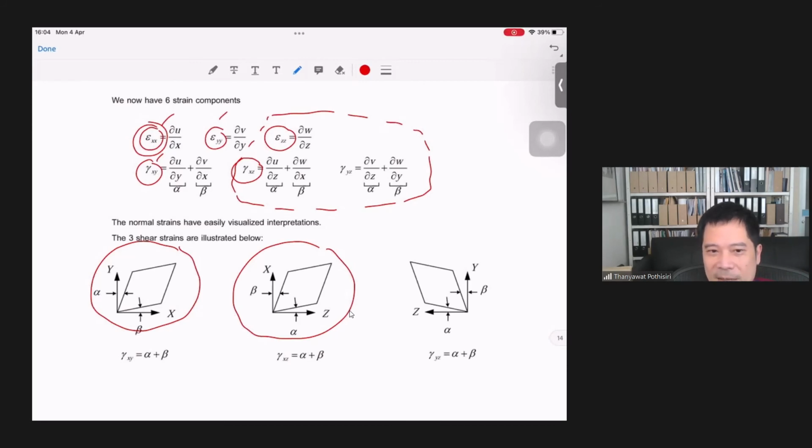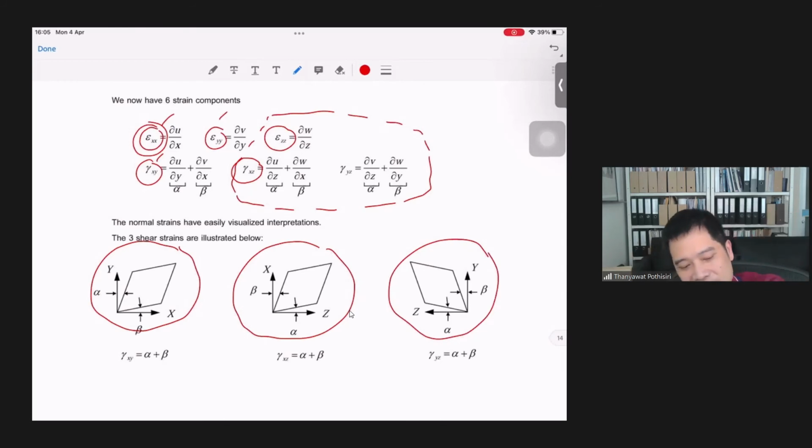But now the strain components would be called differently. From X and Y, now you would have X and Z. The same thing for Y and Z. So instead of looking at things on XY plane, you would now look at things on YZ plane.